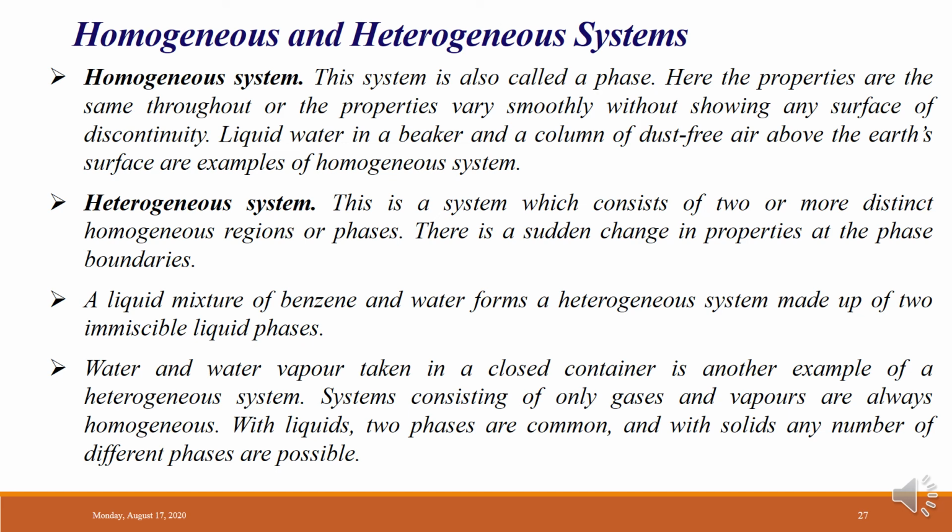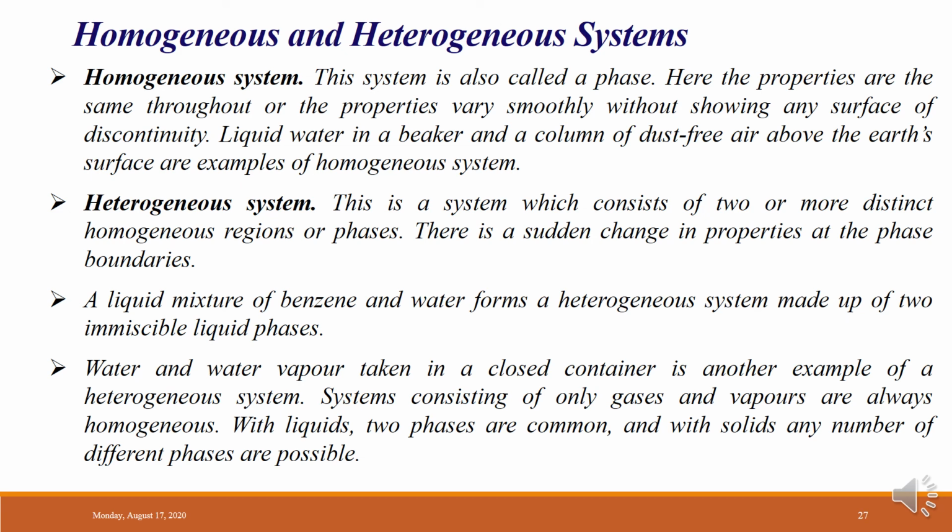Then a heterogeneous system is one where you will observe a drastic, sudden change. Suppose you have an oil and water system. If you travel through oil, you get the properties of oil, but at the interface of oil and water you will find a sudden change in properties. As soon as you cross this interface, you enter the water and get water properties, because these are immiscible.